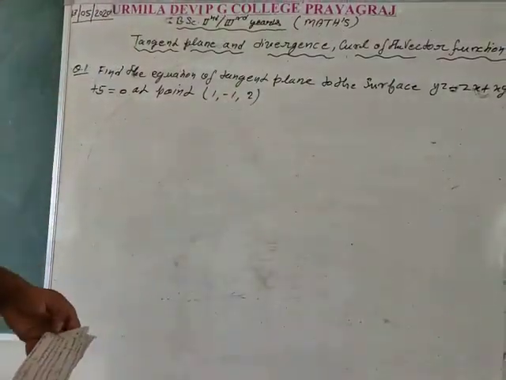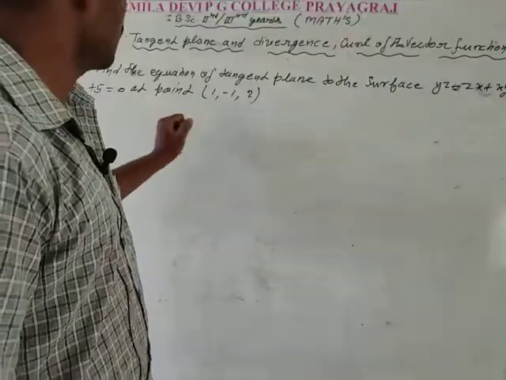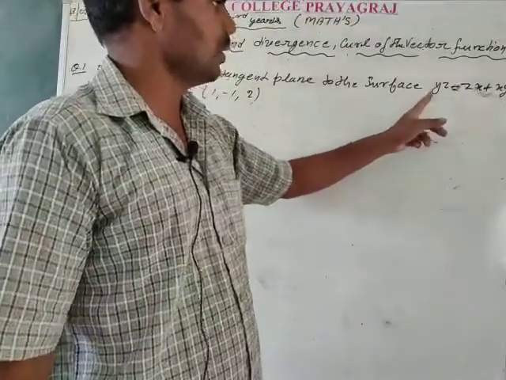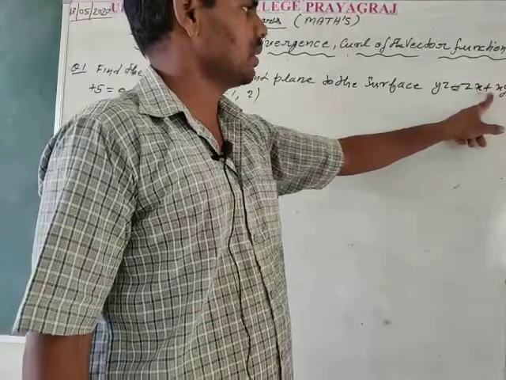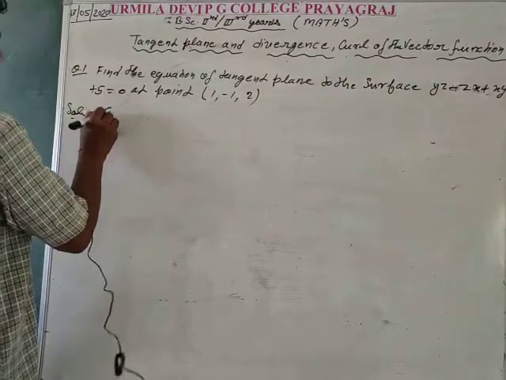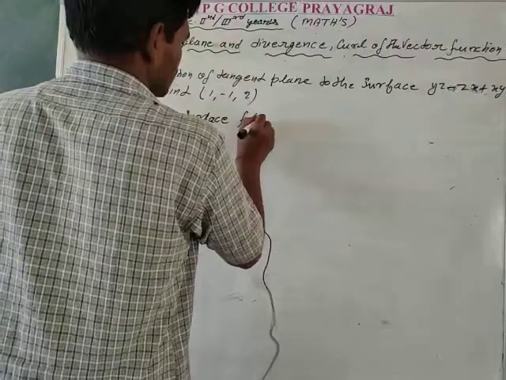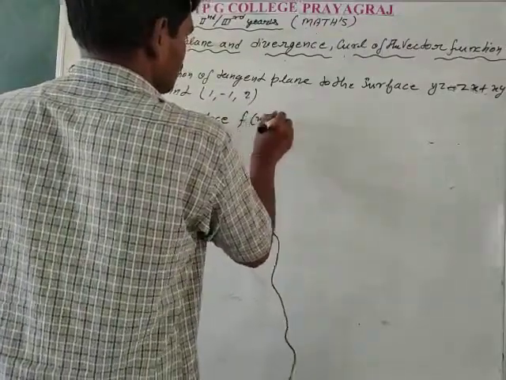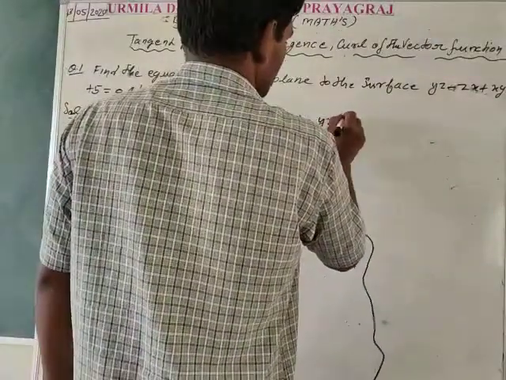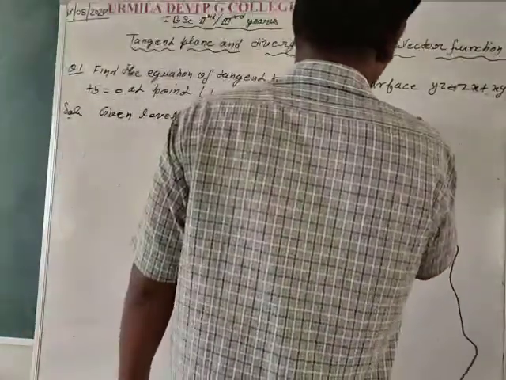So, in this question we are given a point whose coordinates are 1, minus 1 and 2, and the equation of the level surface is yz minus zx plus xy. So, in the solution write: given level surface function of x, y, z is equal to yz minus zx plus xy plus 5.